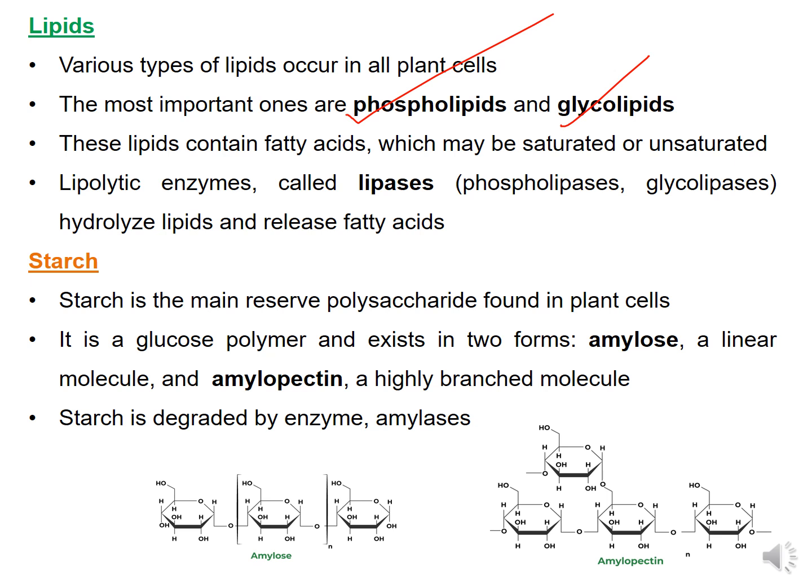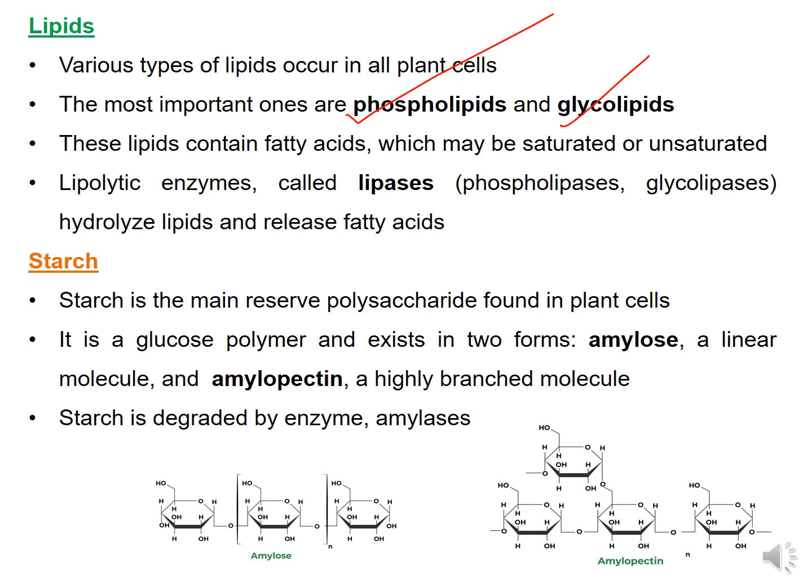And coming to the starch, starch is the main reserve polysaccharide found in plant cells, and starch is nothing but a glucose polymer, and it mainly exists in two forms, that is amylose. Amylose is a linear molecule.